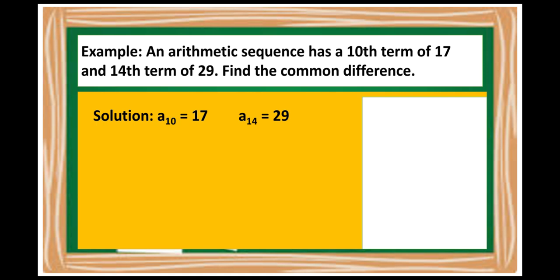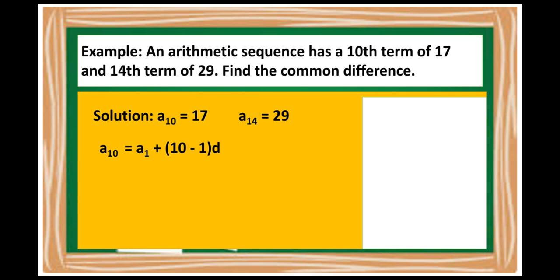We can use two equations for this one, by just using the formula that we have derived. Alright, so let's first manipulate a sub 10. We have it equal to a sub 1 plus, since we're dealing with a sub 10, our n is equal to 10, minus 1, times d, since we don't know the first term and the common difference d.